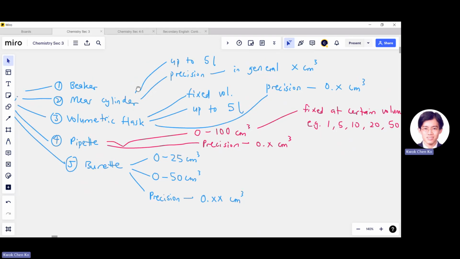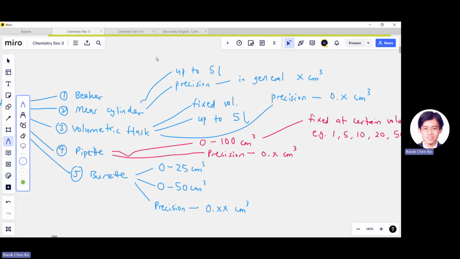Now, Sabrina, beaker, can you use it to measure volume of liquid? It is just an estimation. So if you want an accurate measurement, you cannot use a beaker unless you just need a rough or estimated volume.